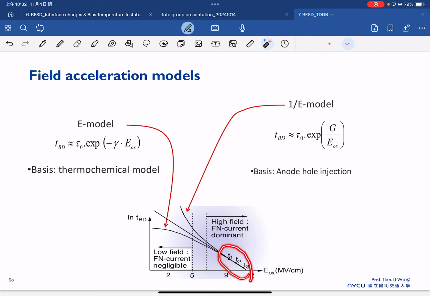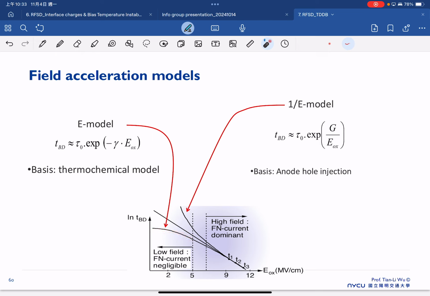But even if we fit very well in this region, once we try to extrapolate, we will still see some spread of the fitting toward the low bias region, because our real device is actually operated at low bias. For example, if you use the E model, you will have the fitting like here. If you use the 1/E model, you will have the fitting in this way.